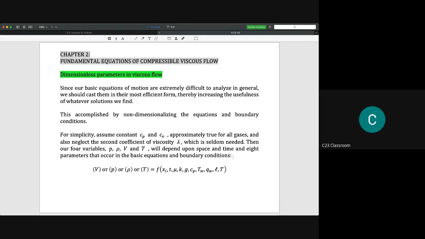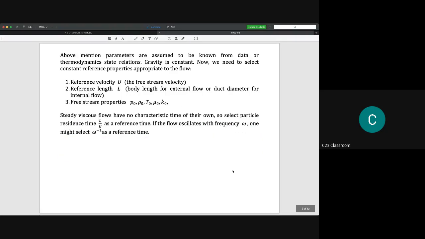So the idea of this statement is that sometimes dimensionless parameters are very specific, or they have a parameter that is only seldom used. So to simplify this, we make all of these assumptions. And then the idea is we need to have three basic groups.